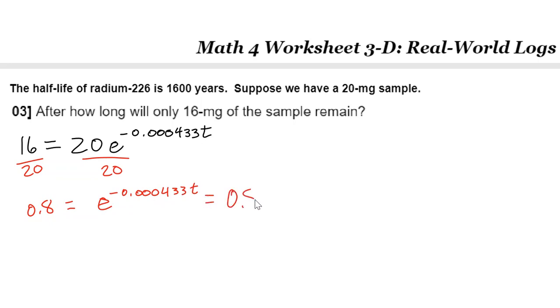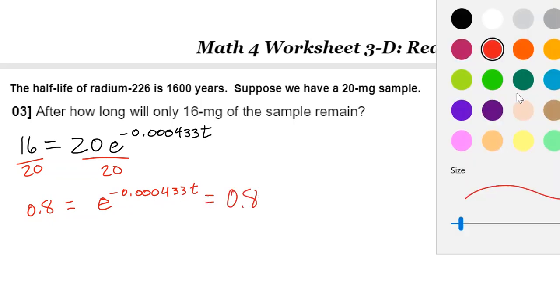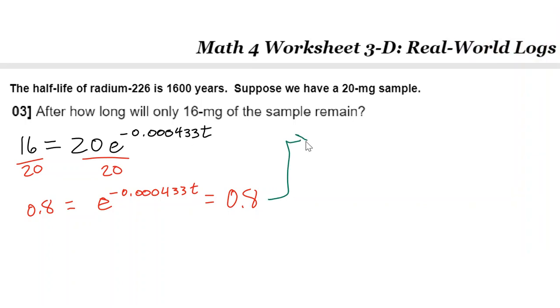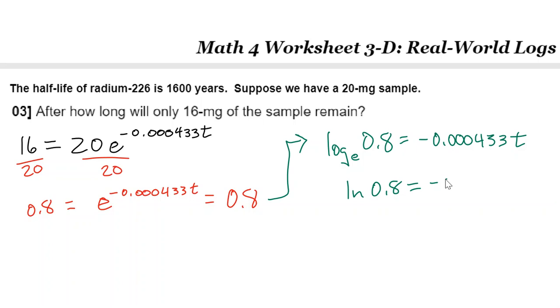I'm going to move my 0.8 over here because I'm going to write this as a log base e of 0.8, and my exponent goes all the way over here. And so now I need to know what is the natural log of 0.8.